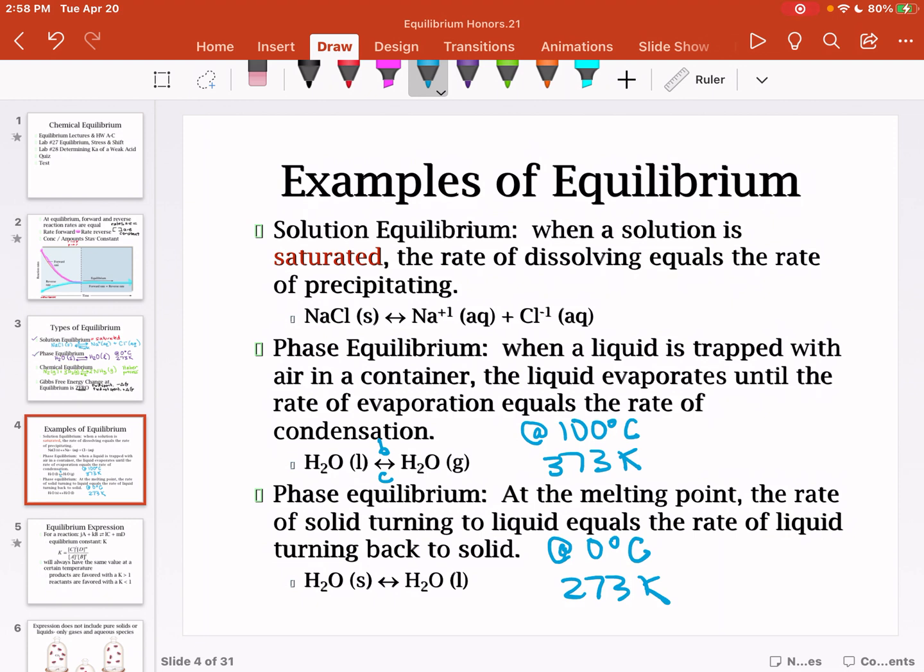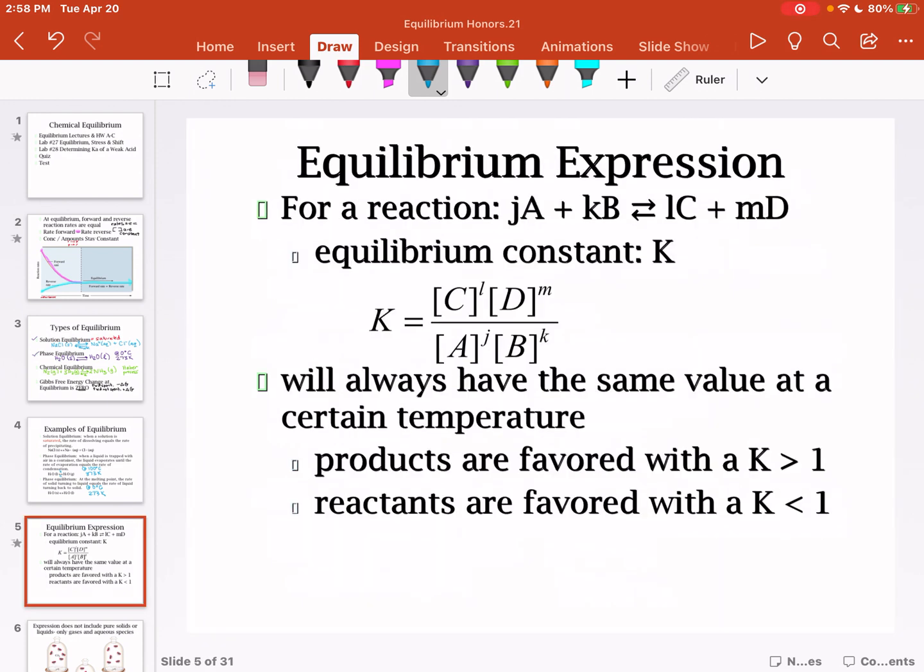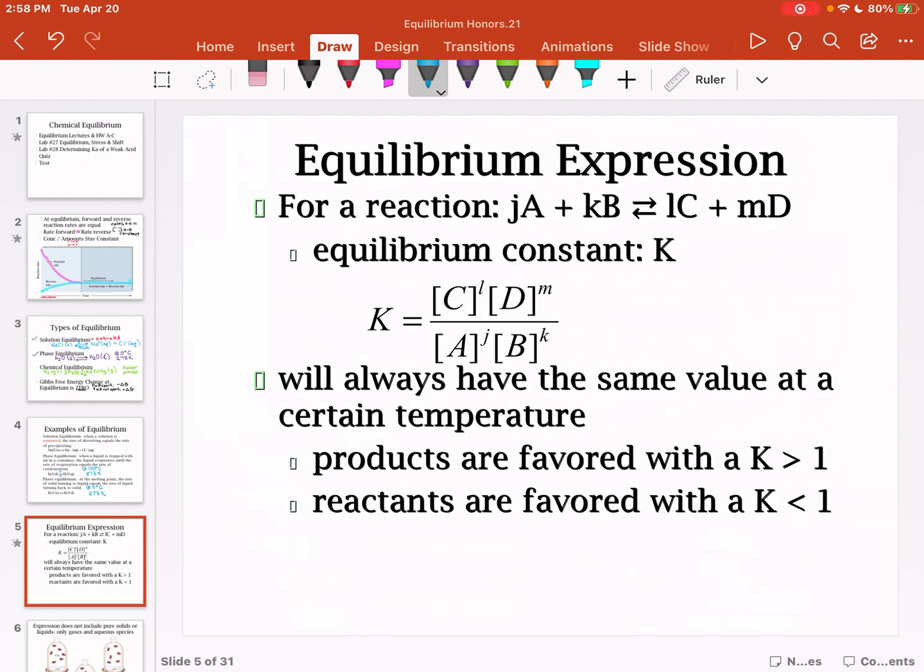Once we have a chemical process identified and we realize that it is at equilibrium, we can make what's referred to as an equilibrium expression. This is also referred to very often as a mass action expression. I have absolutely no idea why it's called a mass action expression, nor do I care.